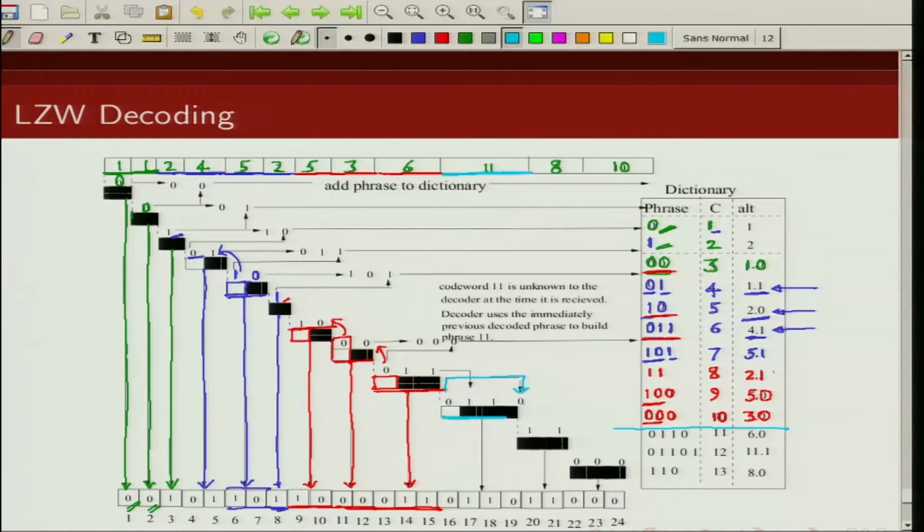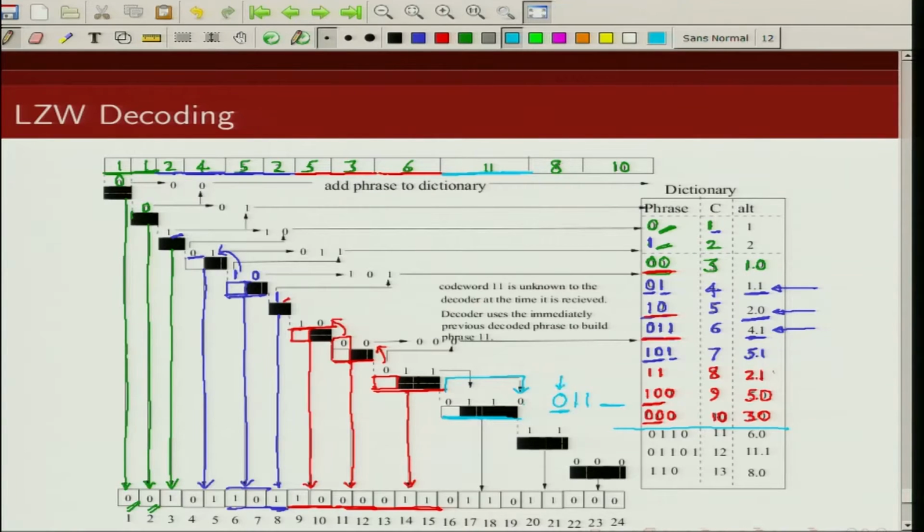Now why is it 0 1 1 0? As I said, this situation happens when a string which has been added to the dictionary has been immediately used. So this entry number 11, code word 11, should be of the form 0 1 1 something, innovation symbol. Now what is this innovation symbol? Innovation symbol is nothing but the first bit of this new string, and the first bit of this new string is 0.